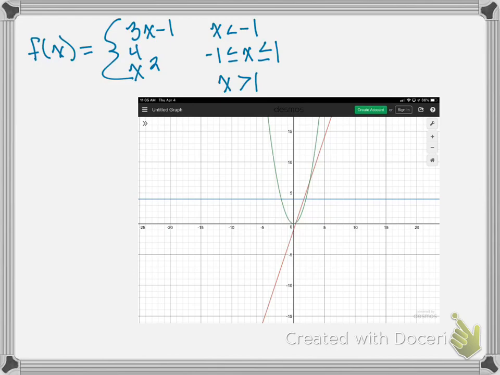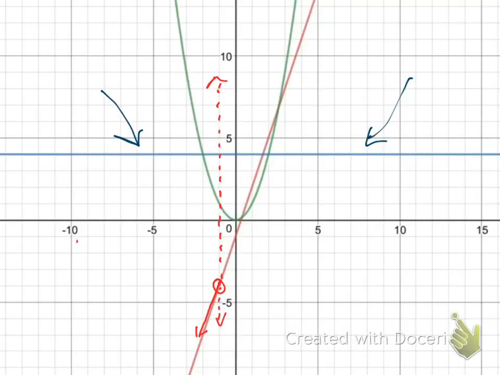I've already got a line at -1, so I'm going to go ahead and make a line at +1. So the only time I follow the blue rule is in between -1 and 1.